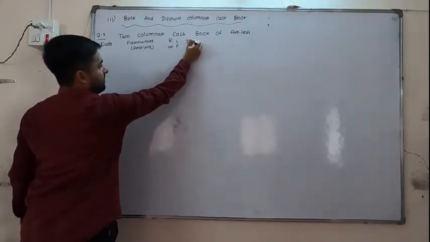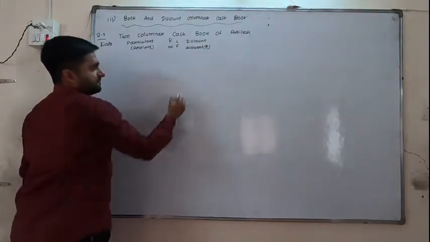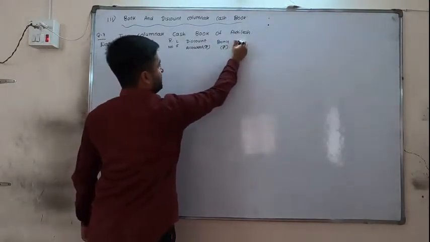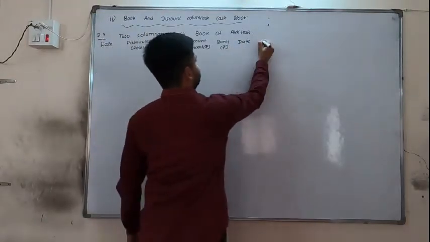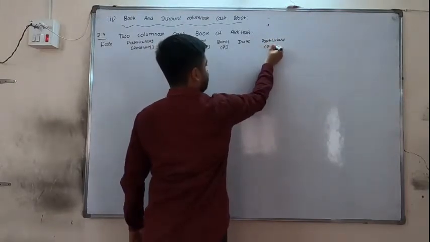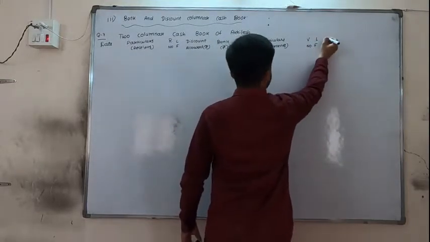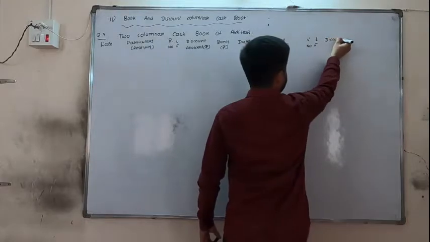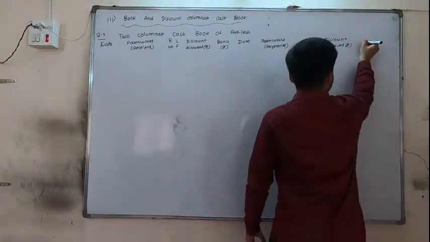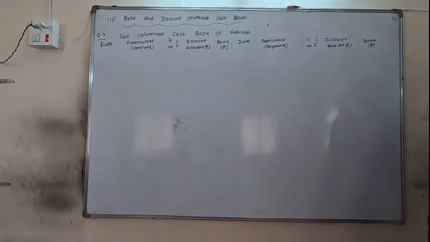Now discount allowed in rupees. Then bank column in rupees. After that again date, particulars here means payments, then voucher number, then LF, then on credit side we will have discount received in rupees and bank in rupees. Let me draw the lines.